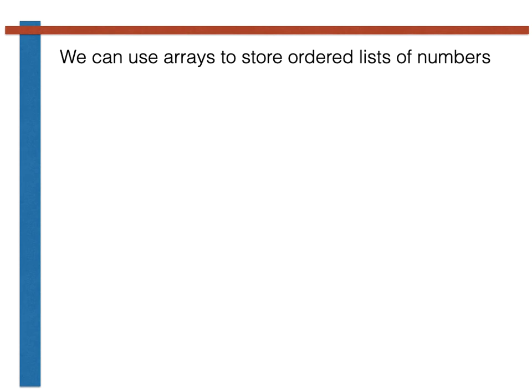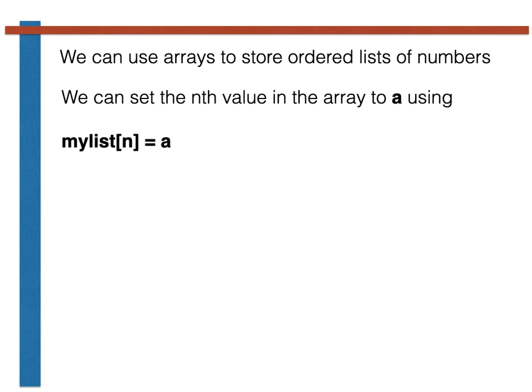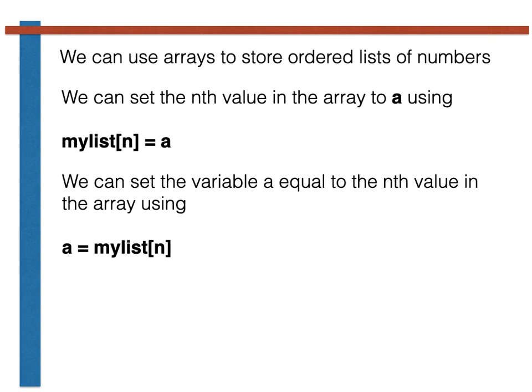To summarize then, we can use arrays to store ordered lists of numbers. If we want to set the nth element in an array to A, we would use the command shown here. Here we're setting the nth element of the array called myList equal to A. If by contrast we wanted to use the nth element of this array myList, we would use a command such as the one shown here.